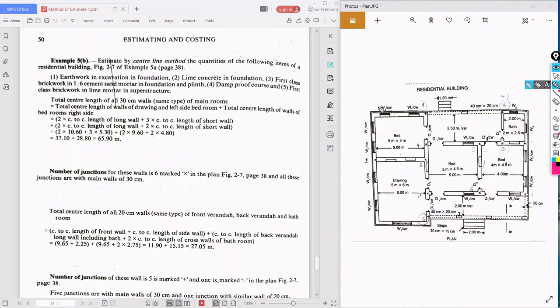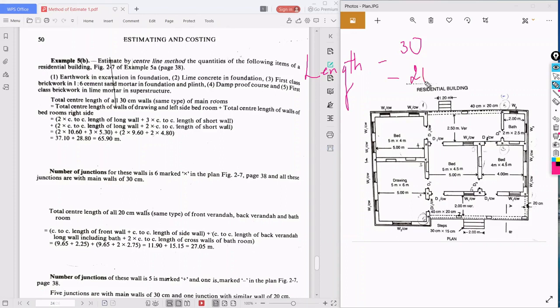Here we are taking the count of walls of the same type. If 30 centimeter walls are there, calculate the length of all the 30 centimeter walls. Similarly, calculate the length of all the 20 centimeter walls.